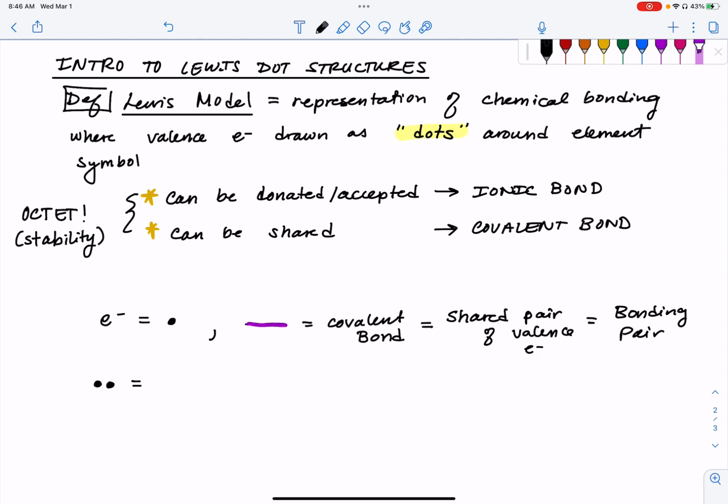So anytime you see two dots drawn side by side like this, these are what's called a lone pair. And you will hear me refer to this as a non-bonding pair.